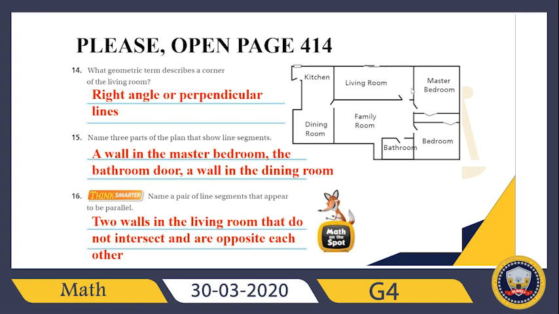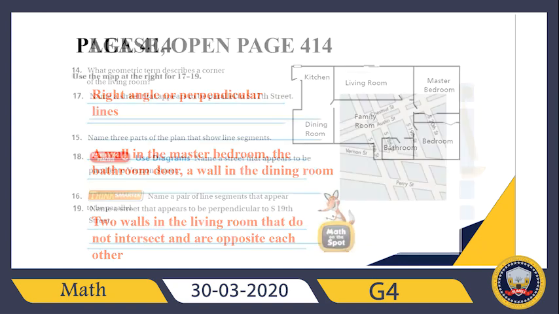So this distance is always the same. It means this wall and the opposite wall, they are parallel line segments. You can give another example: this wall and the opposite wall are also parallel. Or this wall and this line segment, they are also parallel to each other, right? There are so many examples for these questions.